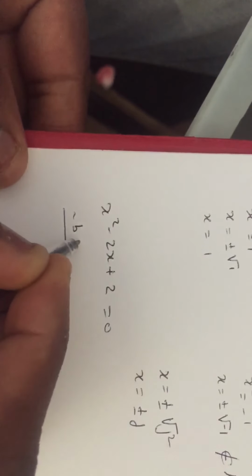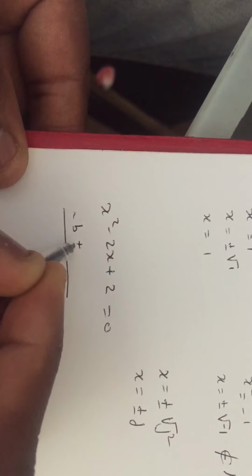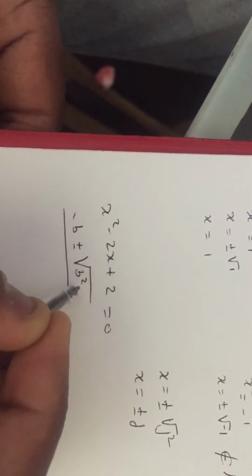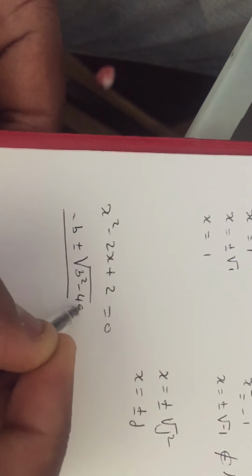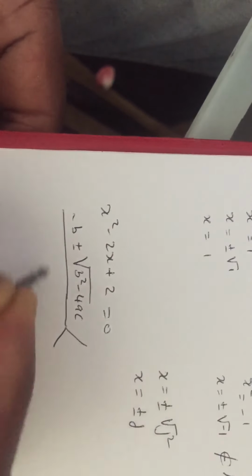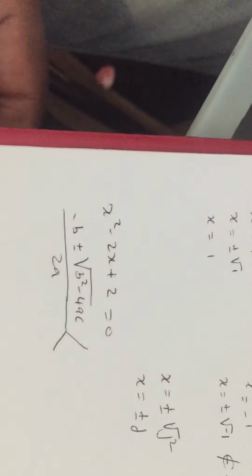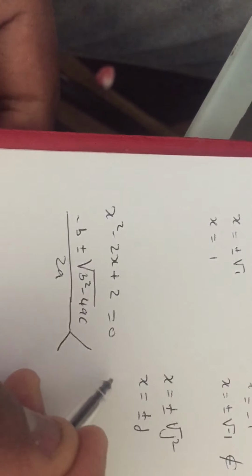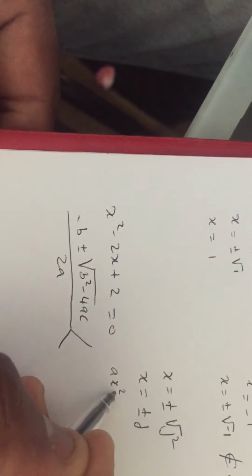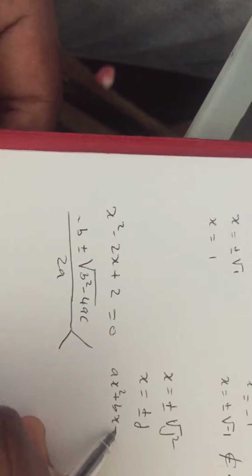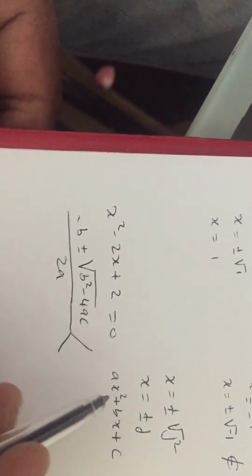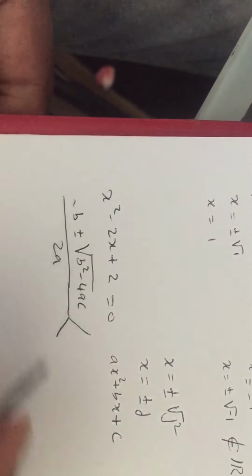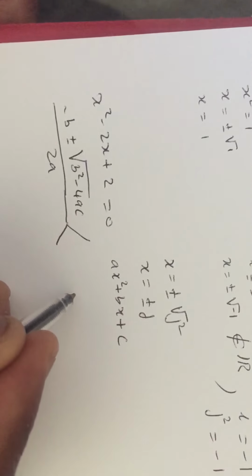It's minus b plus or minus square root of b squared minus 4ac, all divided by 2a. You must remember this formula. So first of all, the quadratic is ax squared plus bx plus c, okay? All right, so you can identify the coefficients here.